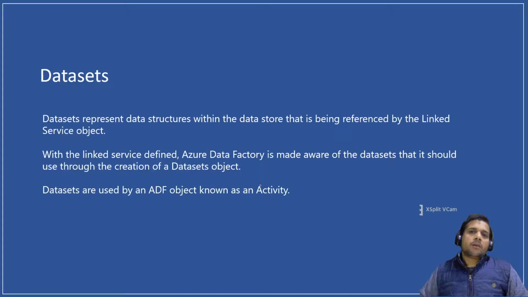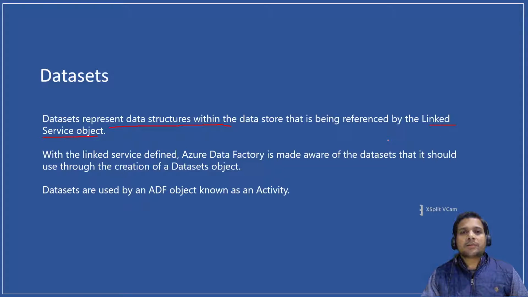Then another key component which you should know is dataset. So a dataset represents the data structure. One thing you should notice here is that it represents the data structure, not the actual data. It represents the data structure within the data store that is being referenced by the linked service object, right?